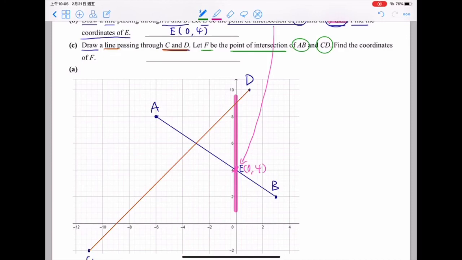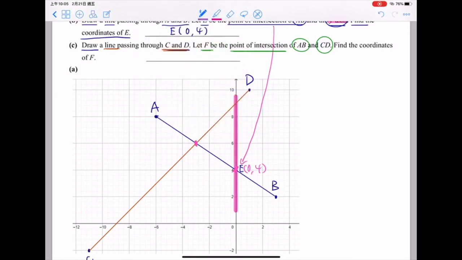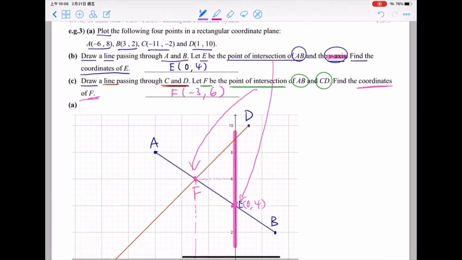AB is the blue line, CD is the orange line, so the point of intersection is here. So this is point F. Finally, you are asked to write down the coordinates of it. Going downward, -3, and then going horizontally to the y-axis, which is 6. So the answer is -3, 6.